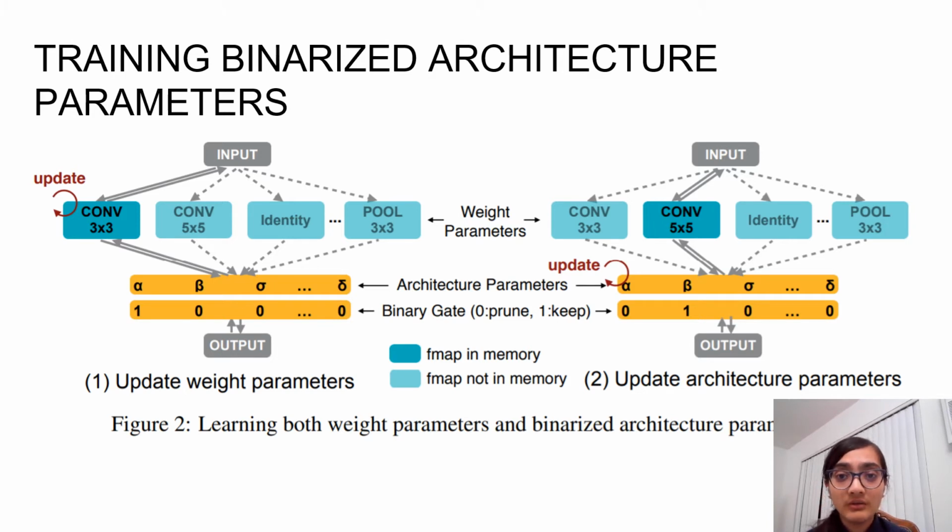So we derive a compact architecture in this way by pruning based on the binary gate output, and thus we just choose a path in this training architecture with the highest path weight. The path with the highest weight is chosen and forwarded to the further layers.